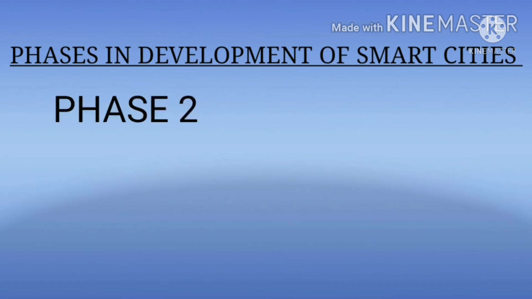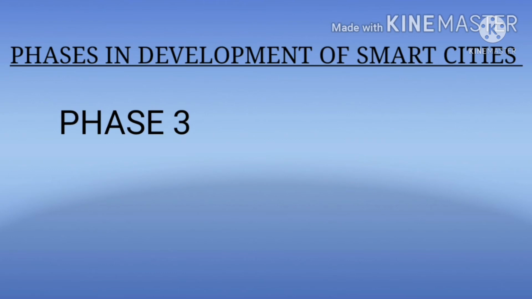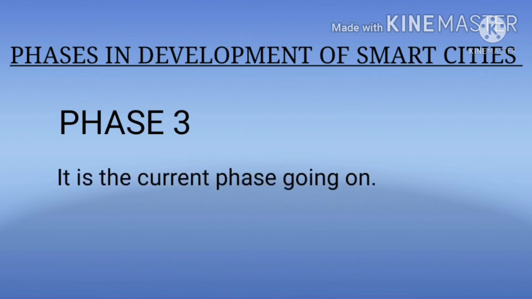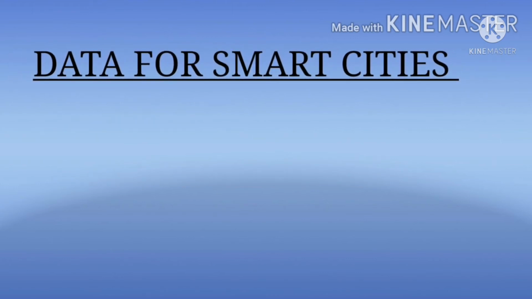In this phase, smart devices with the help of AI technology allowed smart cities to analyze different aspects of the city. For example, traffic light sensors can change the traffic lights depending upon the traffic. And the next is phase 3. That is the phase currently going on, and it increased the involvement of citizens in the decision making process.